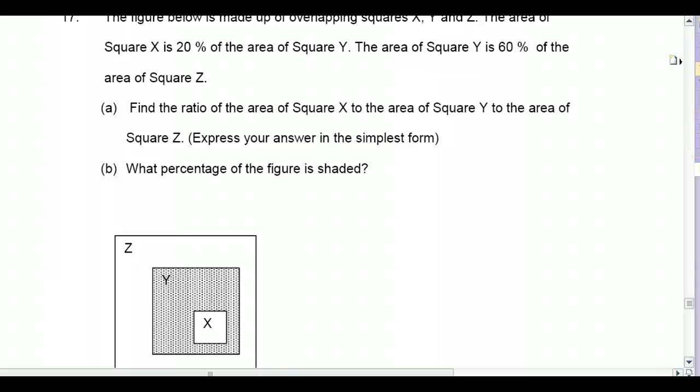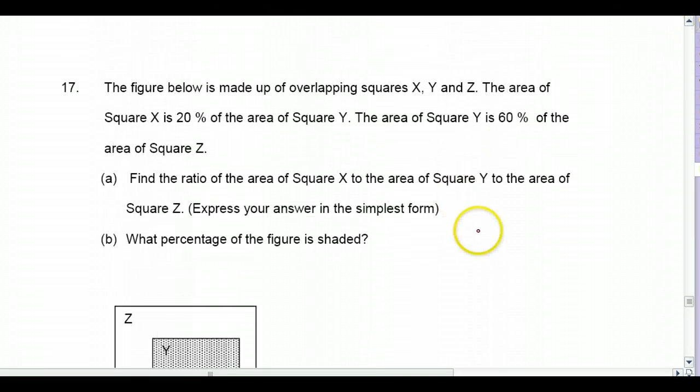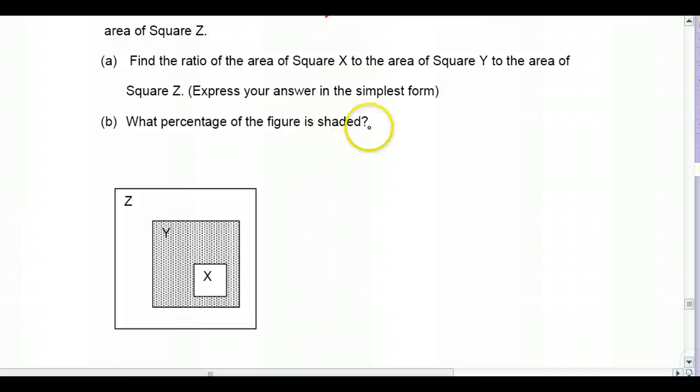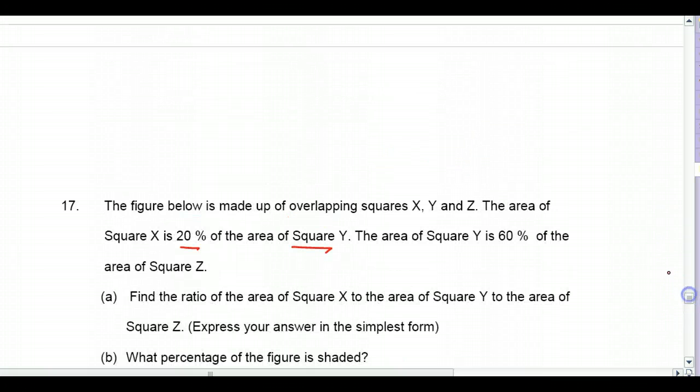Question 17. The figure below is made of overlapping squares X, Y, and Z. Area of square X is 20% of the area of square Y. So here I know X is to Y. X is 20% of square Y. 20% of square Y means 20 out of 100.